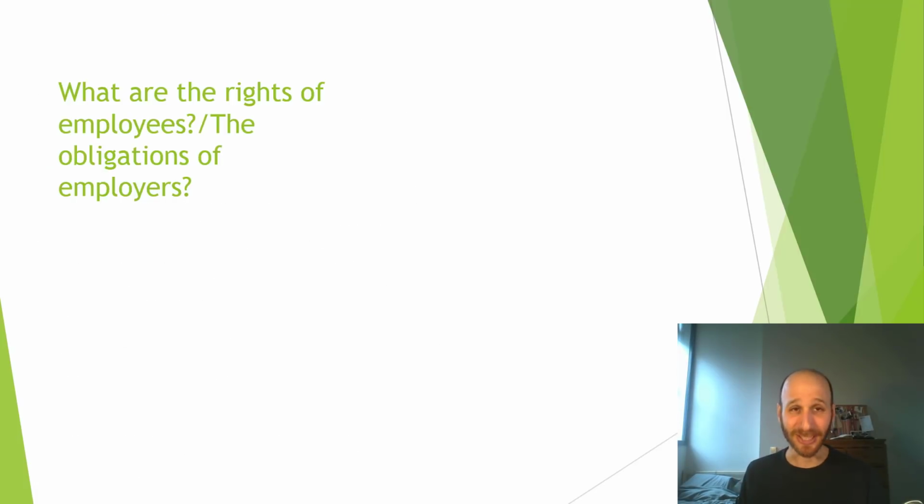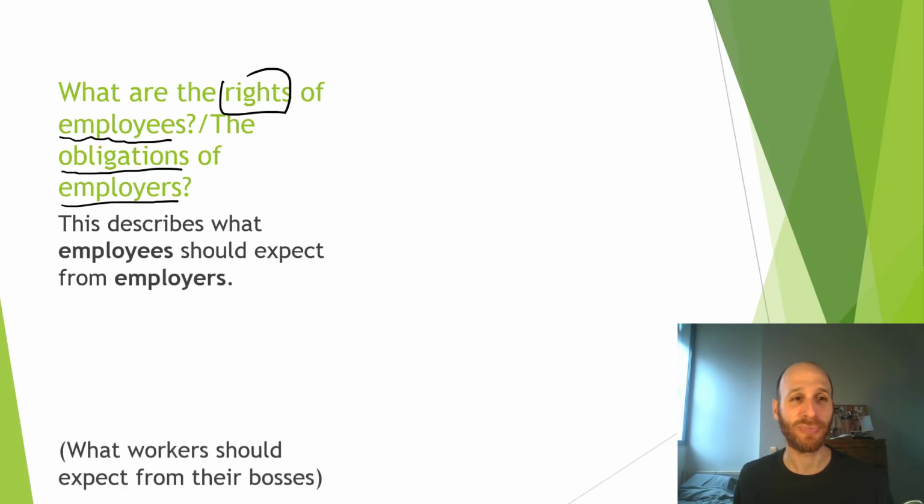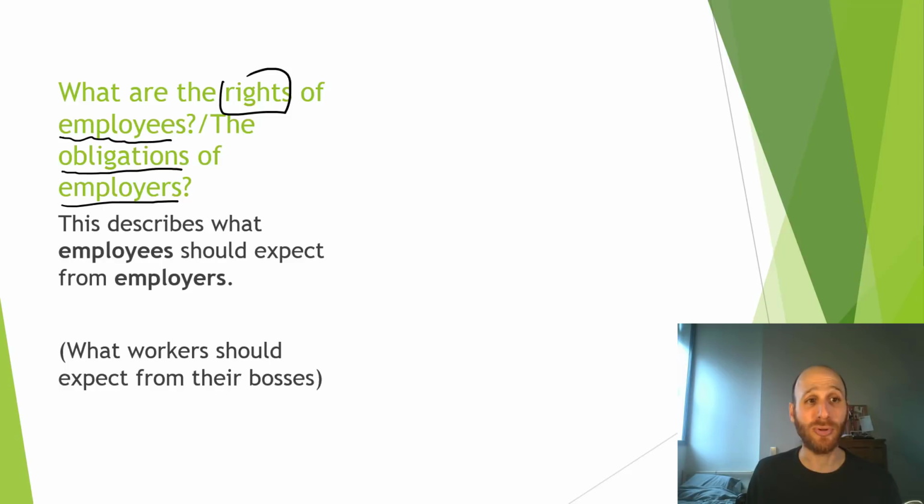Okay, let's start by looking at the rights of employees. This is the same thing as what are the obligations of employers. Let's make this even more simple. This describes what employees should expect from employers. Even more simple, what workers should expect from their bosses.